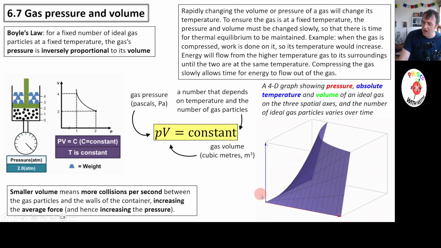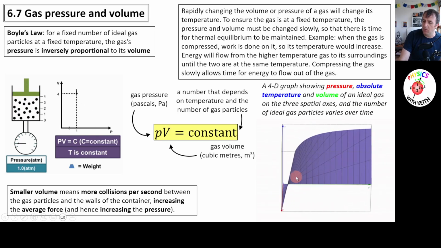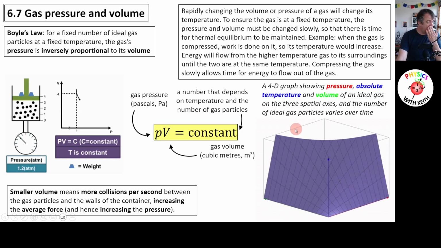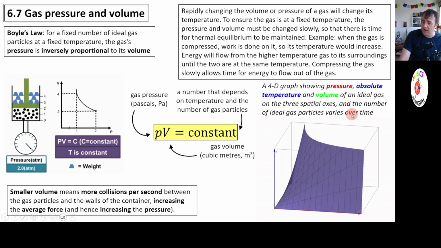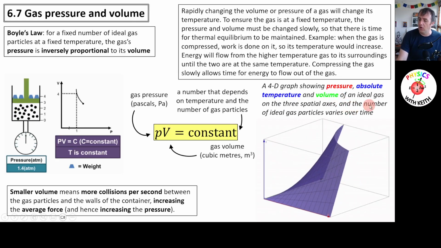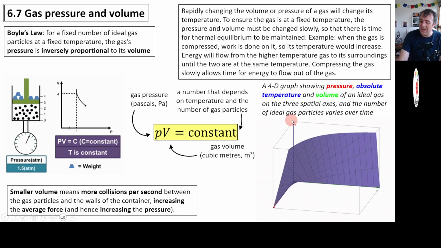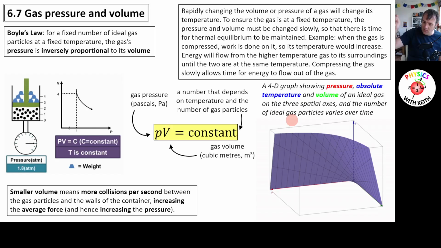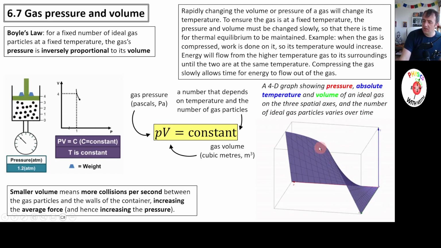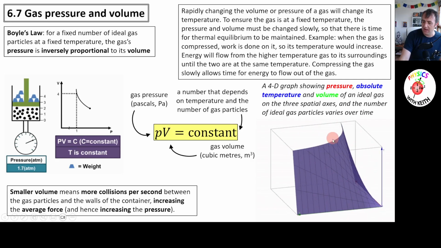Effectively, you've got the red axis, which is pressure, the green axis, which is volume, the blue axis, which is temperature, and then the number of particles in the gas, I'm just varying that over time, oscillating, so that you can see that this shape is changing over time due to that.